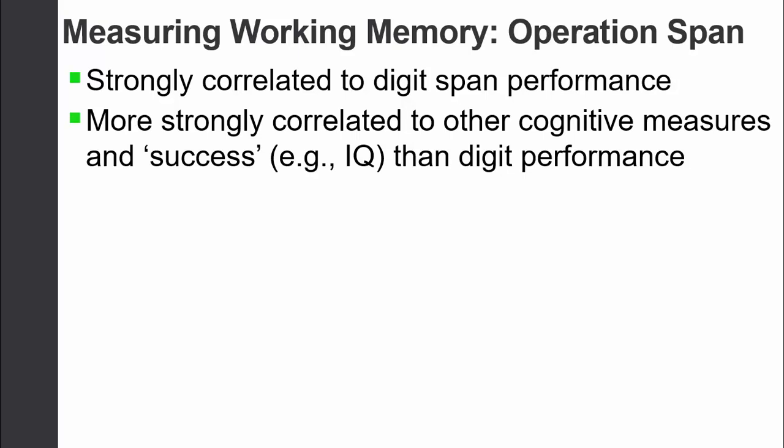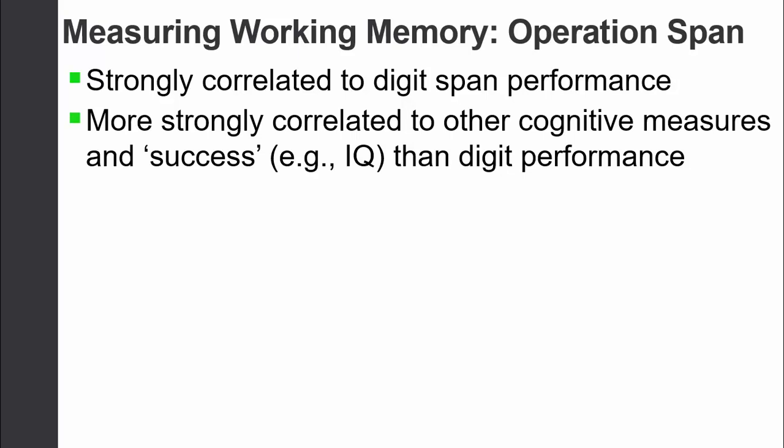One of the big things is success, right? People who do really well at the operation or reading span task also tend to be successful. And this probably isn't all that shocking, because when it comes to people who are successful or who have, for example, a high IQ, one of the things that allows them to have a high IQ is that they're able to take multiple pieces of information at any given time and work accurately with those, deciding what is important to pay attention to and what isn't.